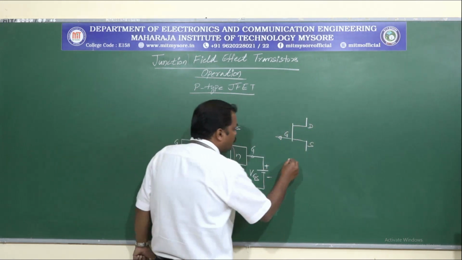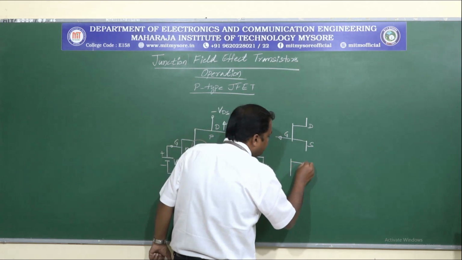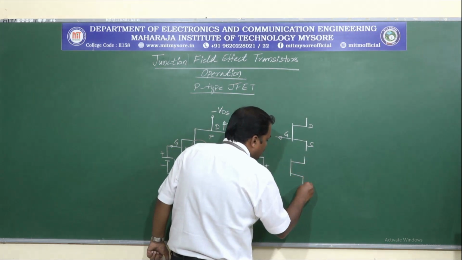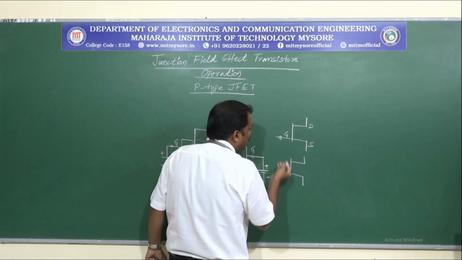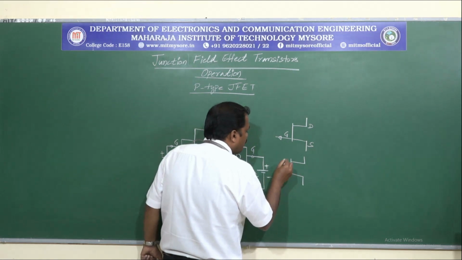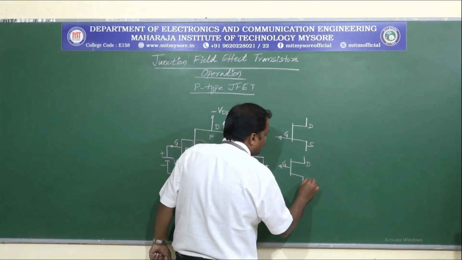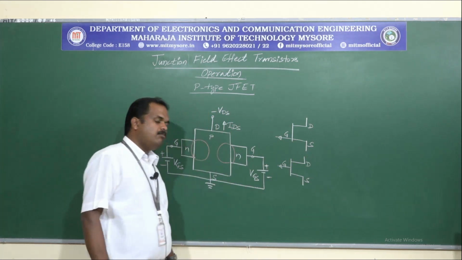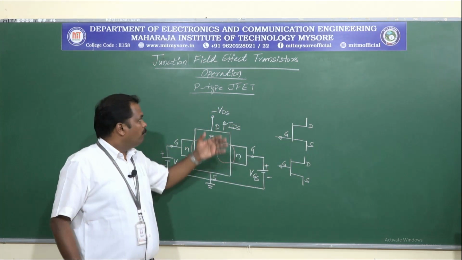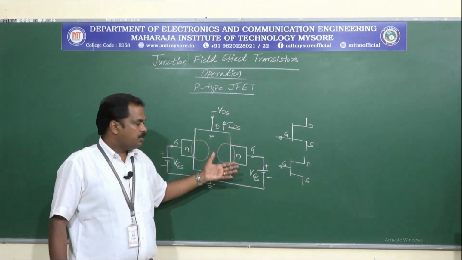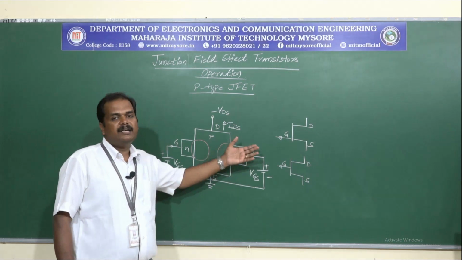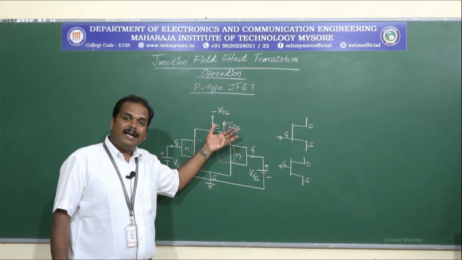There is another way to write the symbol, where just the position of the gate terminal is shifted higher, and everything else remains the same. So these two are the symbols of the p-type JFET. This is all about the operation and symbols of p-type JFET.